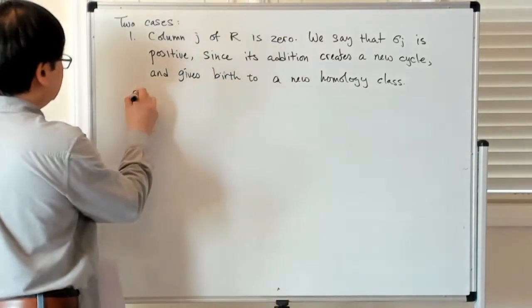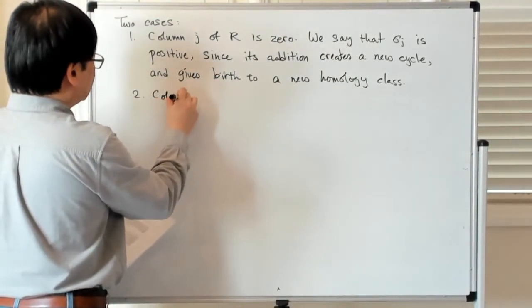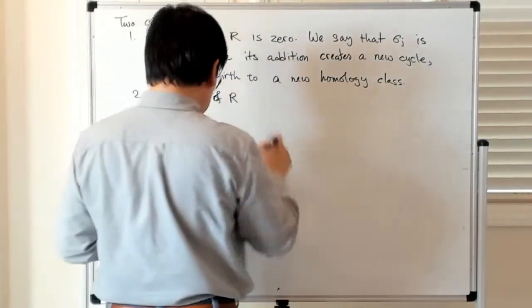So case 2 is that column J of R is non-zero.